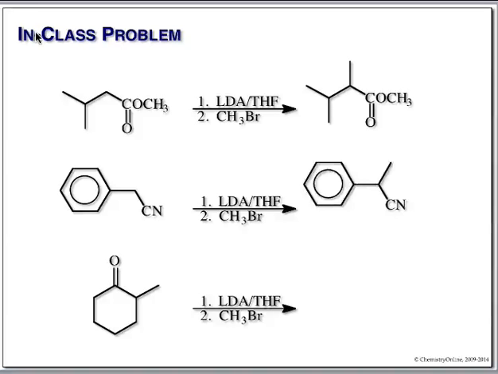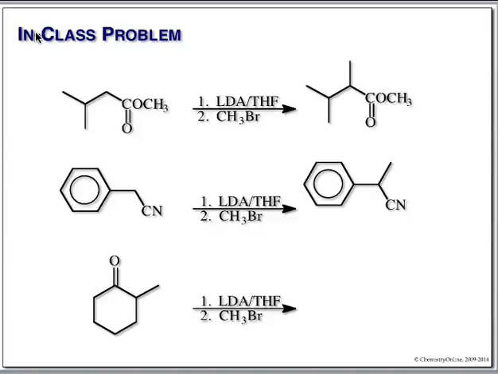Finally, down here we have methyl cyclohexanone. We would expect the enolate anion to form here. We would expect this then to be our nucleophile.